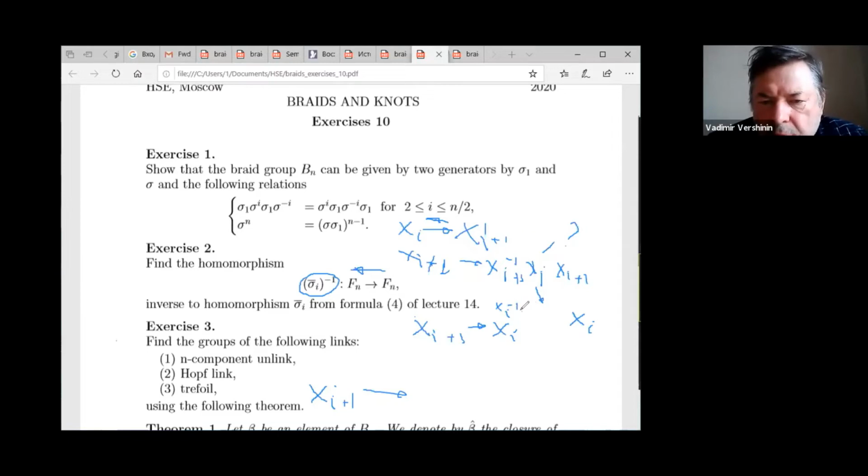So it should be x_i, right? In order to kill this, then x_{i+1}, and in order to kill this stuff, there should be x_{i-1}.